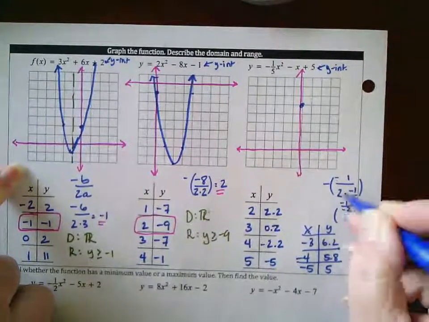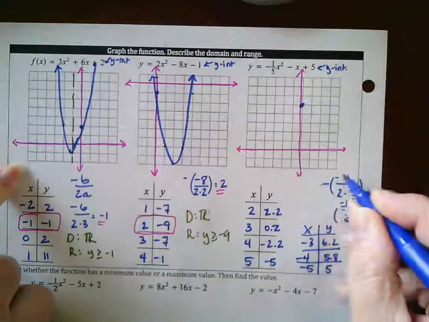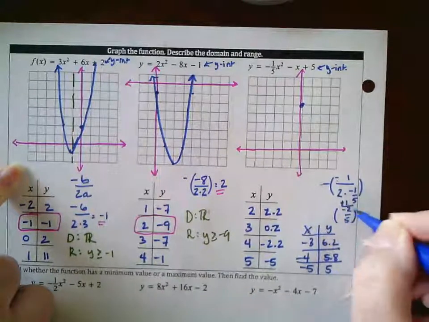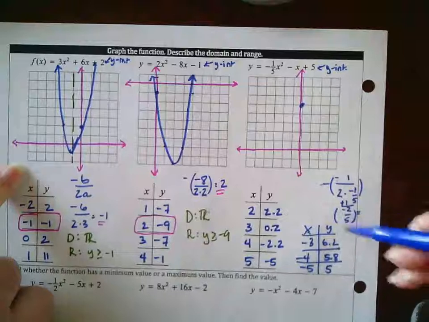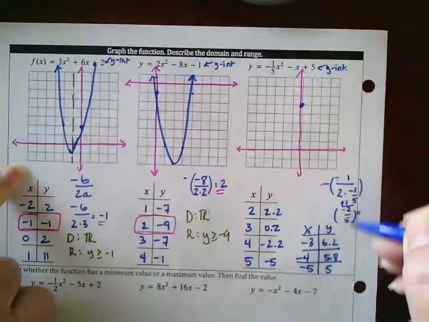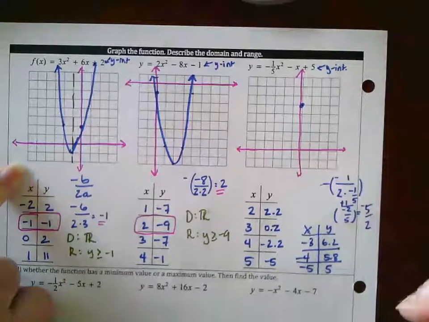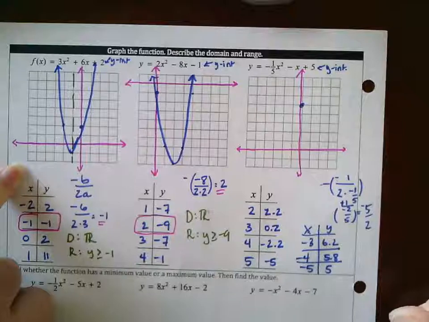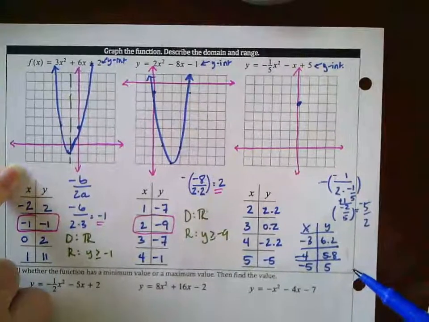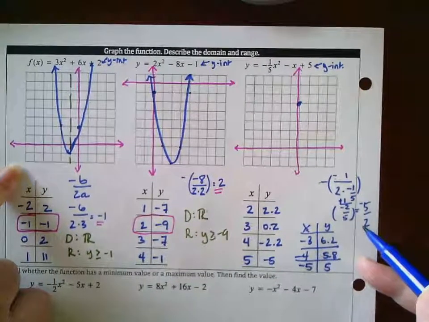Sorry, I should have, well, that's okay. But let's actually get rid of that negative and make it positive right there, because I know my result's going to be negative. So when you have a fraction like this at the bottom, flip it. So you're good to go. So it's -5/2 or 2.5. So at 2.5, that's my vertex.